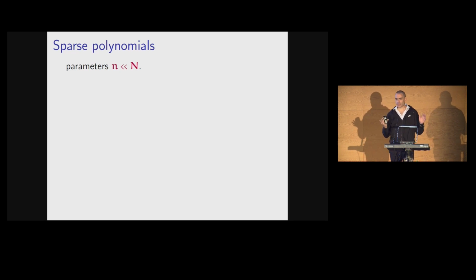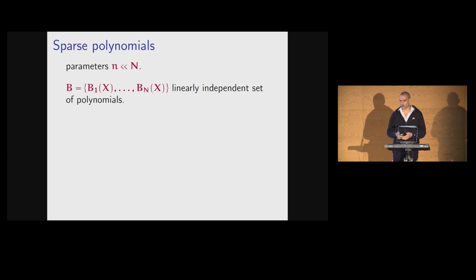All right, so now let's talk for 1 second about sparse polynomials. What do I mean by sparse polynomials? So for the rest of the talk, keep in your head, we always have two parameters, little n and big N, and little n is naturally much smaller. So think that we always have some fixed set of polynomials, capital N polynomials, B1 to BN.